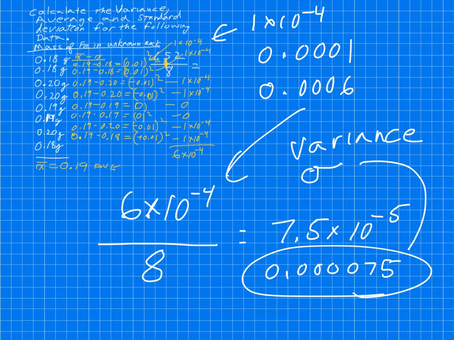So there's my variance. So I've got my average, I've got my variance. To get my standard deviation, I take the square root of my variance. So I'm going to take that variance, I'm going to take the square root of it.